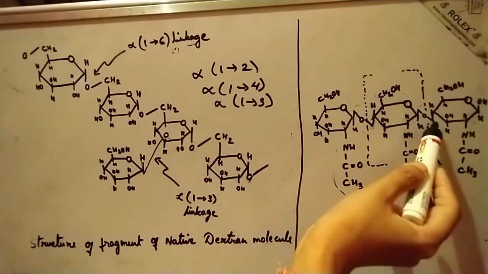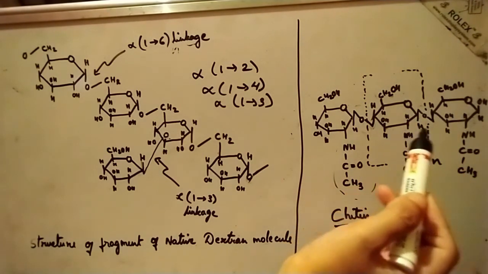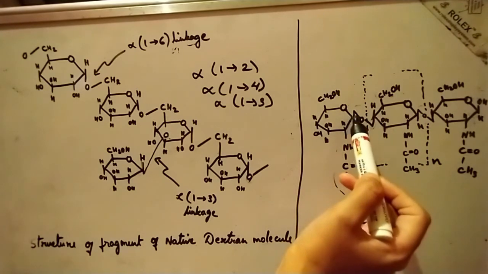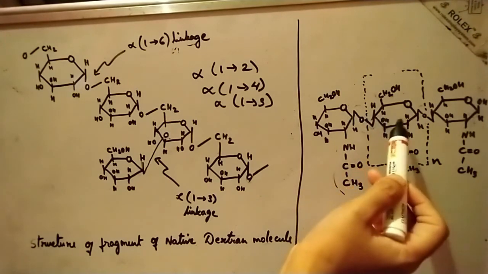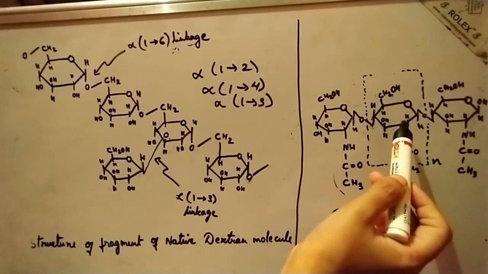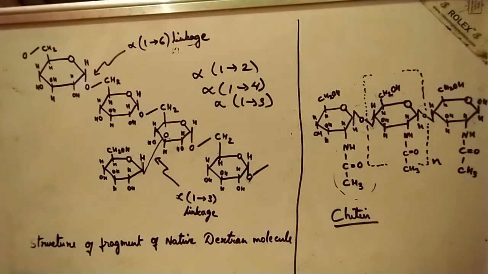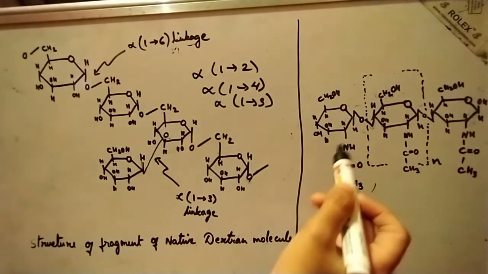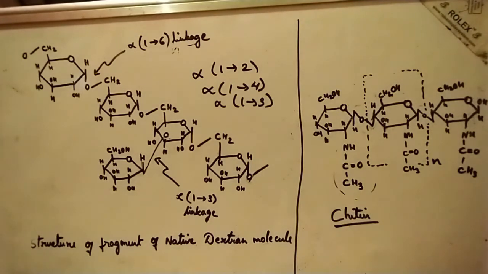The linkage here is beta 1,4 because it connects carbon number 1 and carbon number 4 of another glucose unit. Chitin's pronounced stability is based on the hydrogen bonding of the N-acetyl side chains. And like cellulose, chitin is also indigestible by vertebrate animals.